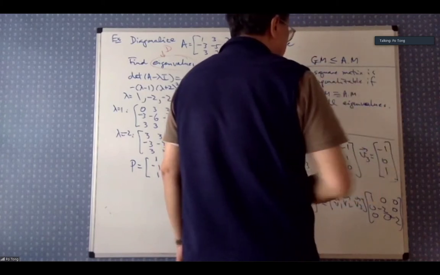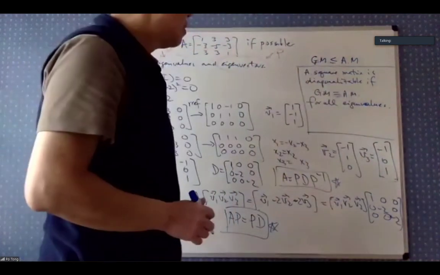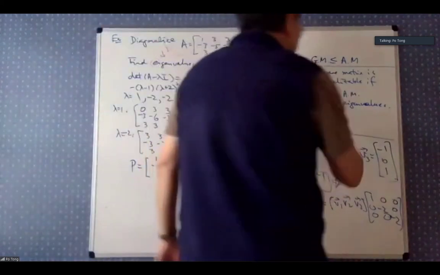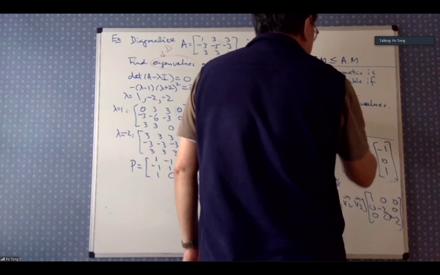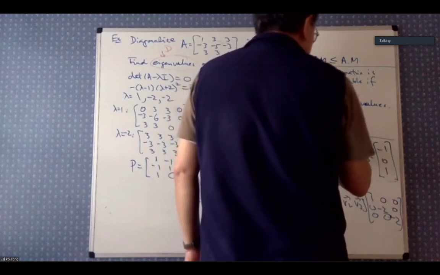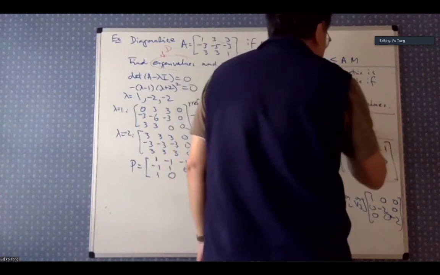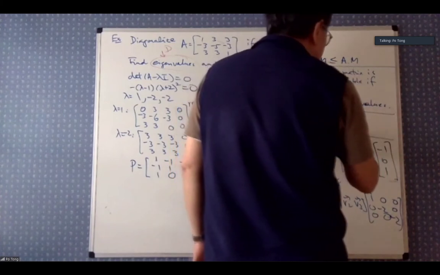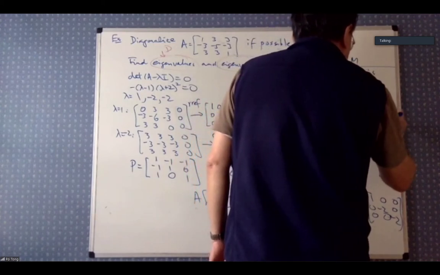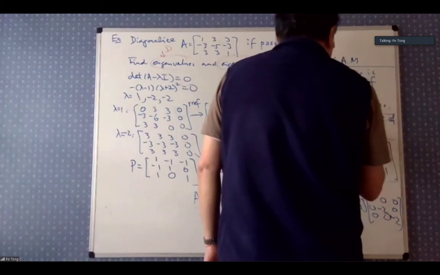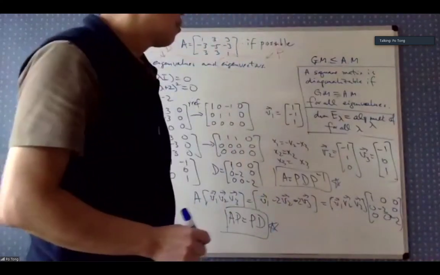Another way to say this is that the dimension of the eigenspace is equal to the algebraic multiplicity of lambda, for all eigenvalues lambda.